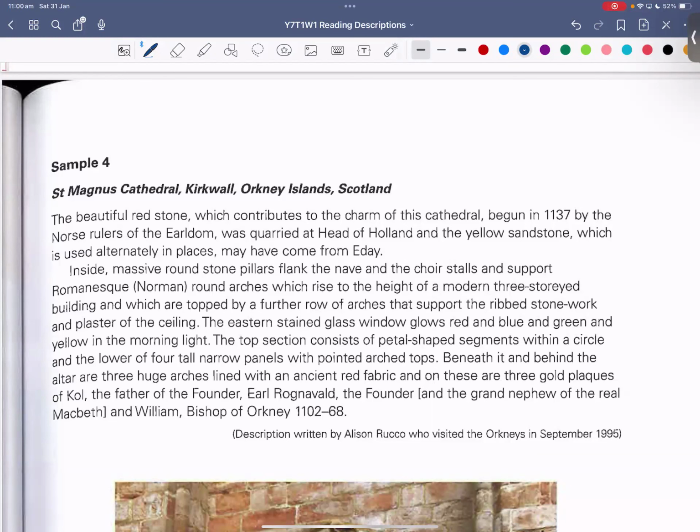The stained glass windows let in yellow light. Behind the altar are three pointed arches, red fabric, and on the feet are three gold legs.